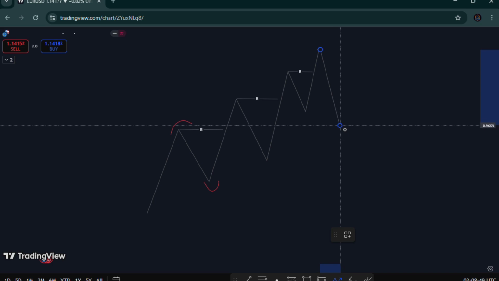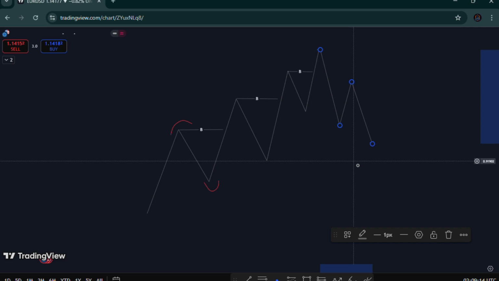And to confirm this bearish move, we need to see price pull back to the upside. And when price makes this pullback and fails to take out this high, this is literally going to be a lower high, and we are to expect price to print a continuation to the downside, which is going to be a lower low at this point.